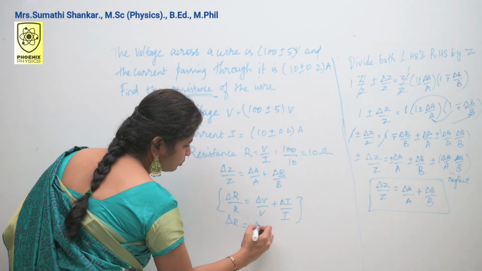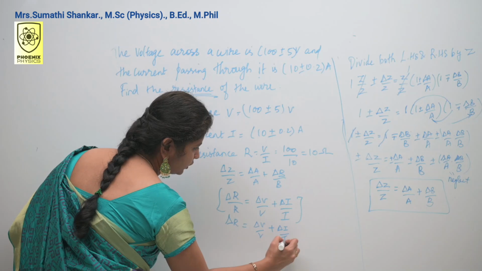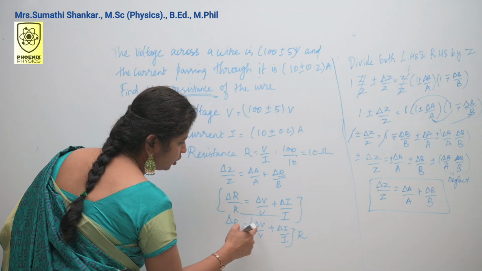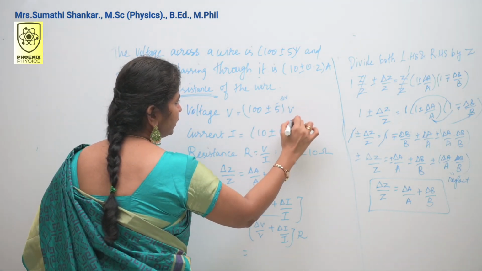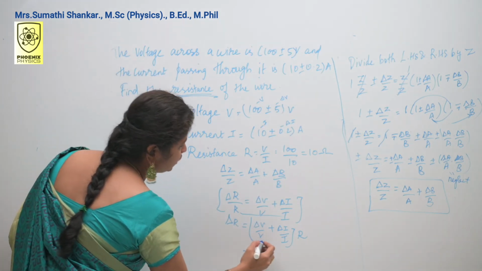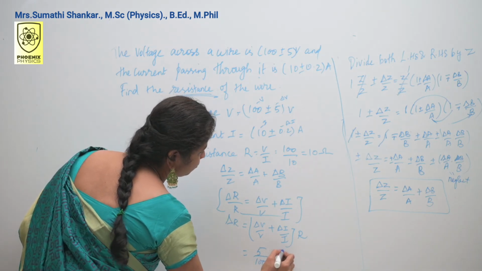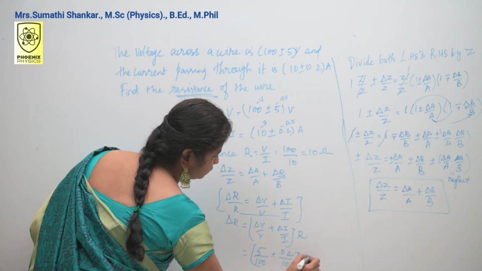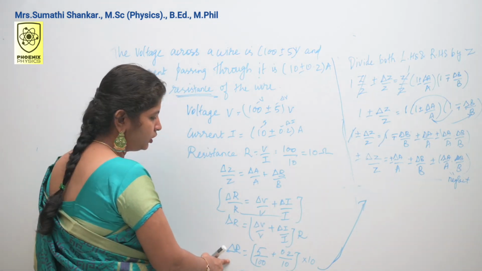Delta R is delta V by V plus delta I by I, into R. Substitute all the values. This is my delta V and this is my delta I. This is V and this is I. Delta V 5 by 100 plus 0.2 divided by 10, into R, and R is 10 ohm.